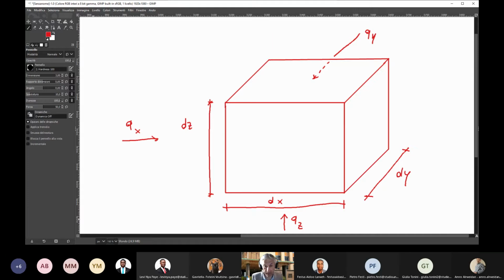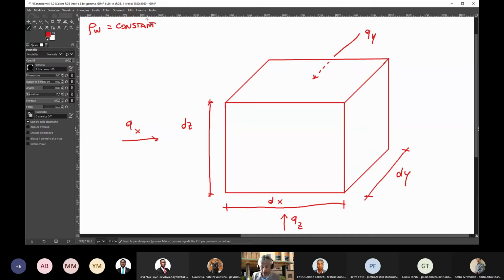And first, let me start from the assumptions. The assumptions are that the fluid is incompressible. These are the first two assumptions that I make. So water is incompressible, which means that the mass density of water, let's call it rho W, is constant.